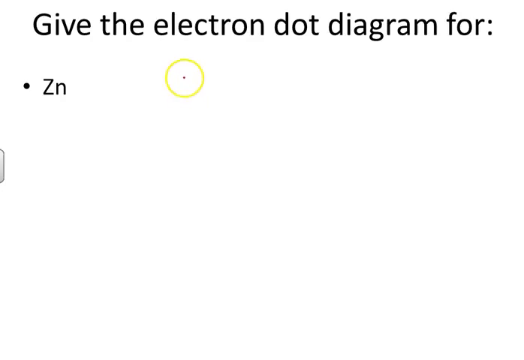All right, zinc. Zinc is on the 4th period, which means we're going to use the noble gas Ar, 4s2, 3d10. This is a little bit tricky because we have to choose the highest occupied energy level. That highest occupied energy level is energy level 4.